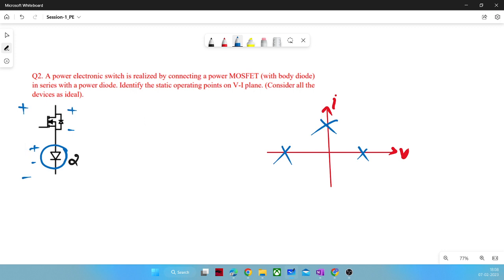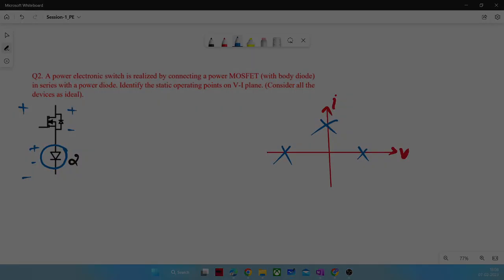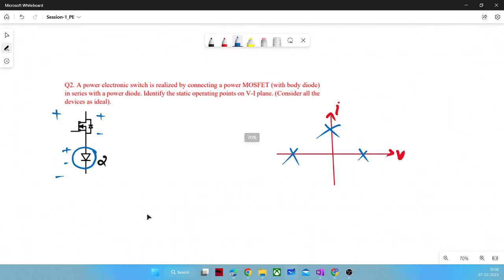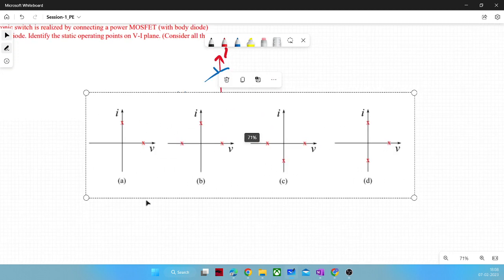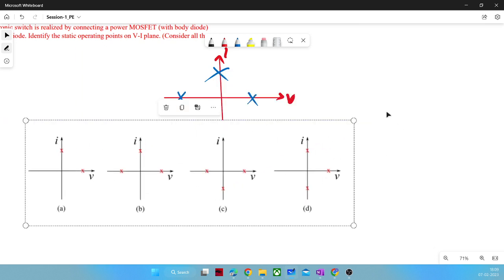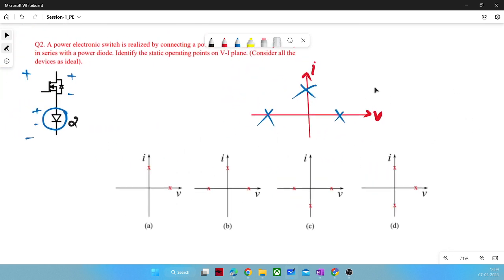Let me show you the options given. I did not show the options earlier, so that we first solve and then conclude. These were the options given in the problem. Now after concluding this graph, we can easily choose the correct option.